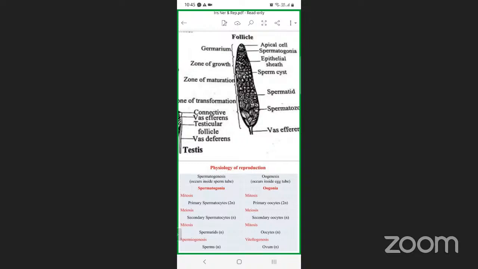In spermatogenesis, the mitosis will undergo and form the primary spermatocytes, and then the secondary spermatocytes, and then meiosis occurs and forms the spermatids.